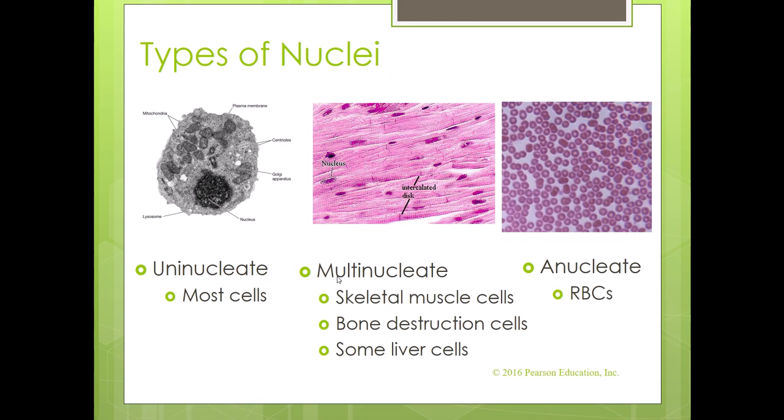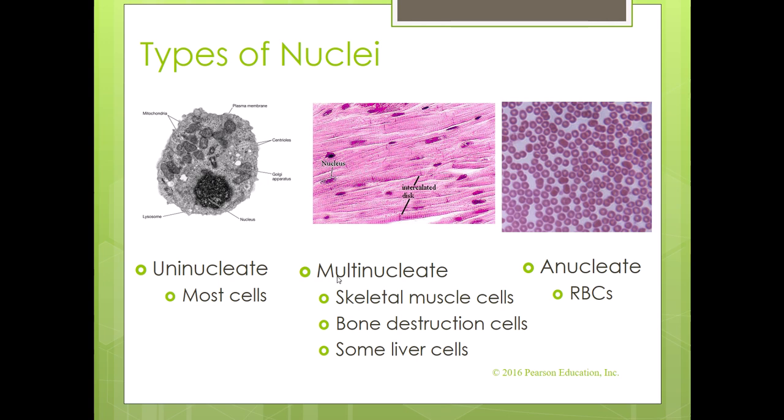So most cells have one nucleus, so they're uninucleate, and there are a couple in our body that aren't, but usually animal cells just have one nucleus. Some cells are multinucleate, like skeletal muscle cells when they are formed.